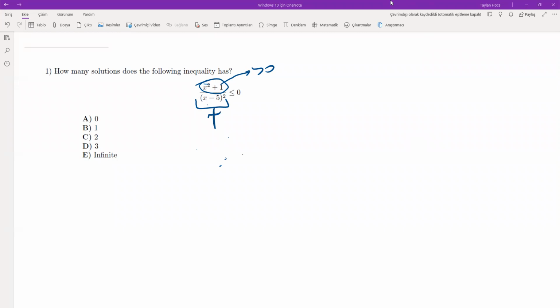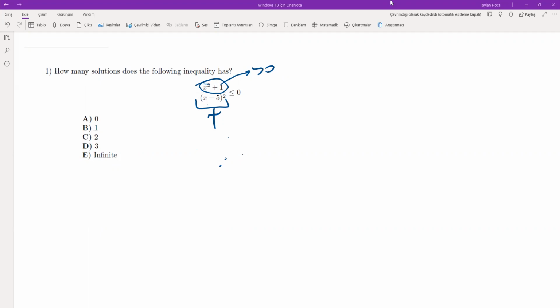When x is 5, is the whole expression 0? Since it's in the denominator, can we have 0 in the denominator? No, right?